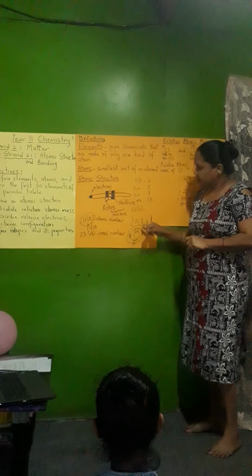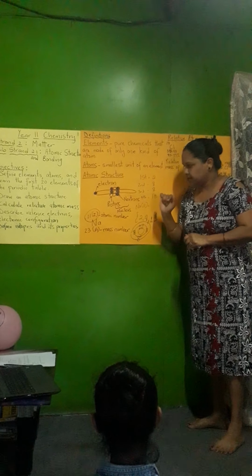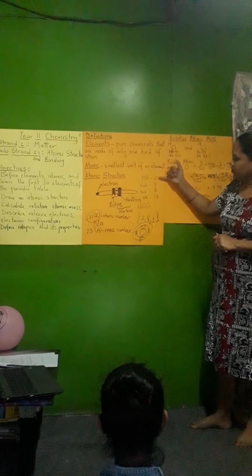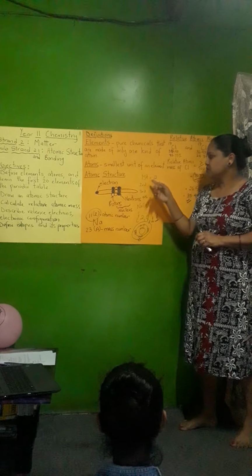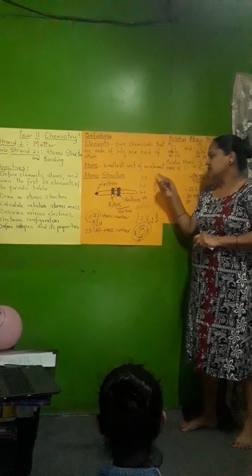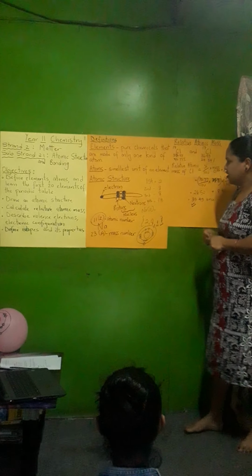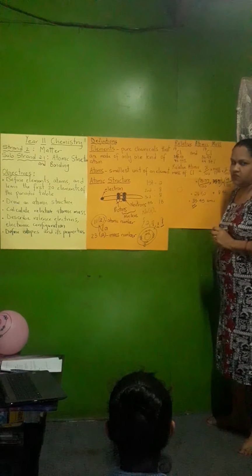In order to write the electron configuration of sodium, we will use the atomic number. Since the atomic number is 11, we will use the formula that is here. Remember, according to the Aufbau principle, the first energy level can occupy 2 electrons. That means the first shell will only consist of 2 electrons.